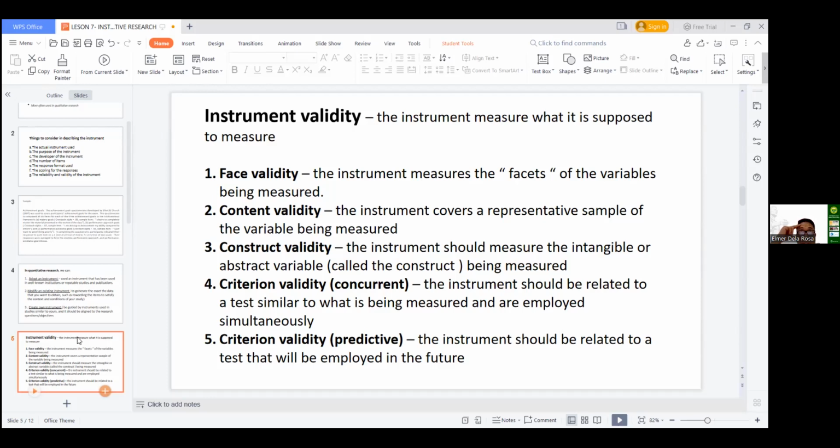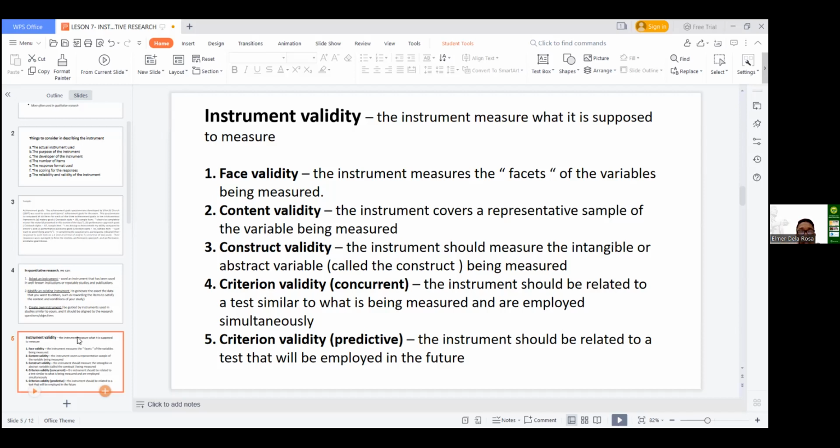Like intrinsic motivation, since you cannot measure intrinsic motivation right away, then you write items that will measure that intangible abstract variable. For example, I will write 10 items to measure intrinsic motivation. One item could be, I like doing math problems. So one of the items is indicative of intrinsic motivation.